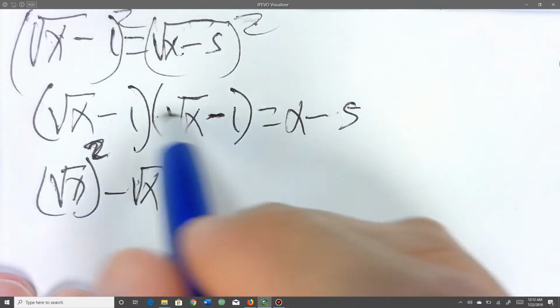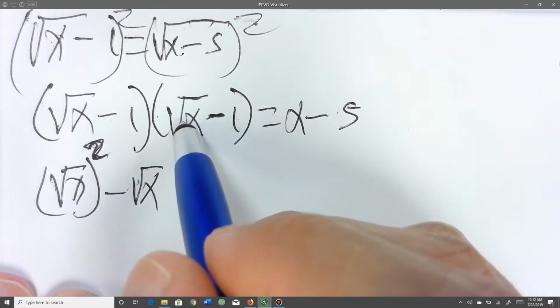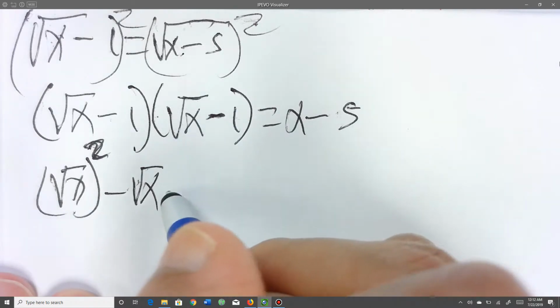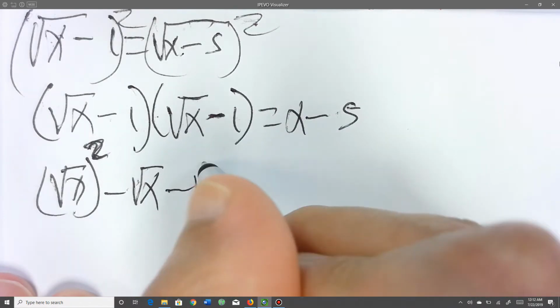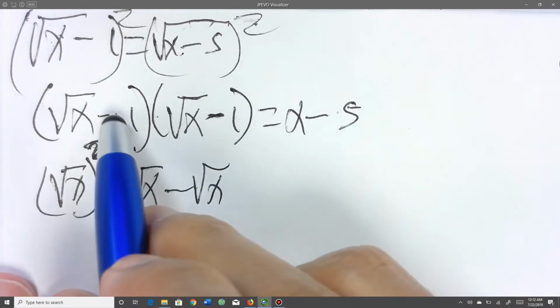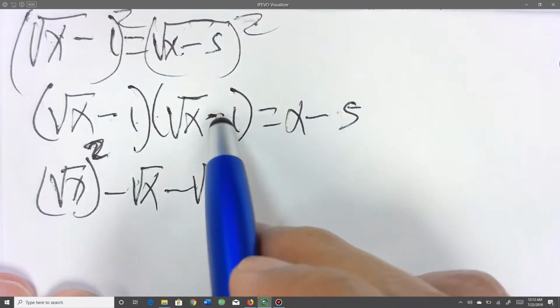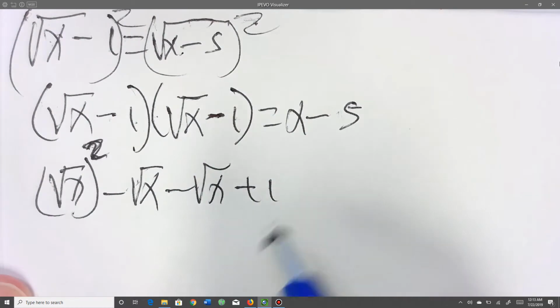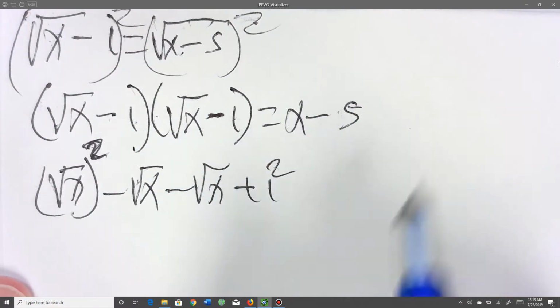Same thing for this here, negative 1 times square root of x, that's a negative square root of x. And then last terms, negative 1 times negative 1, that gives me a positive 1, or positive 1 squared, if you want to write it that way.